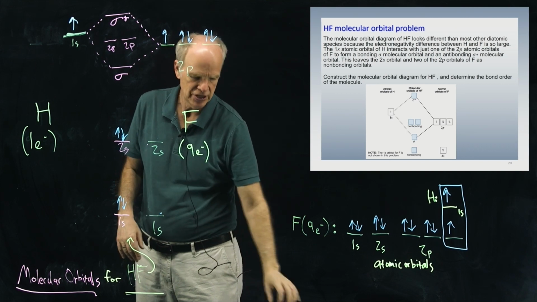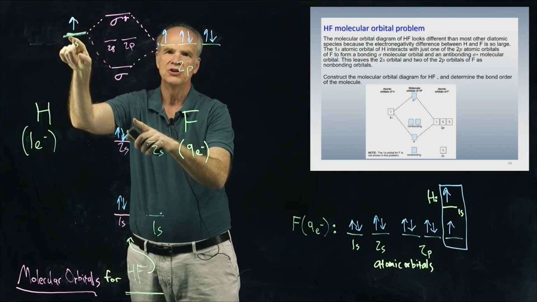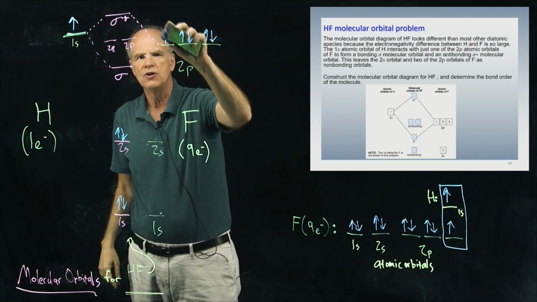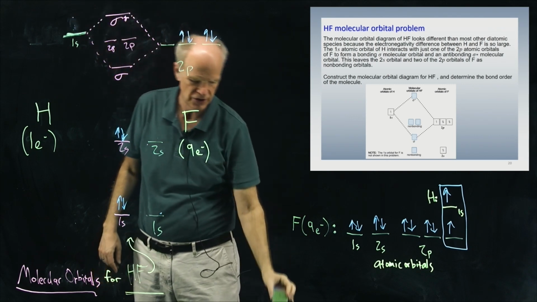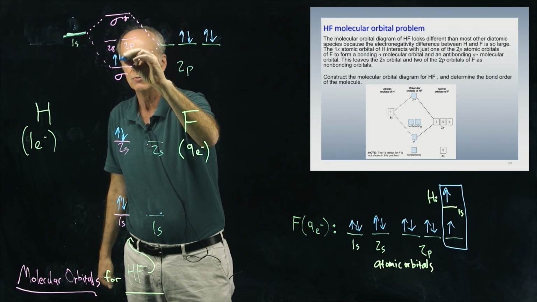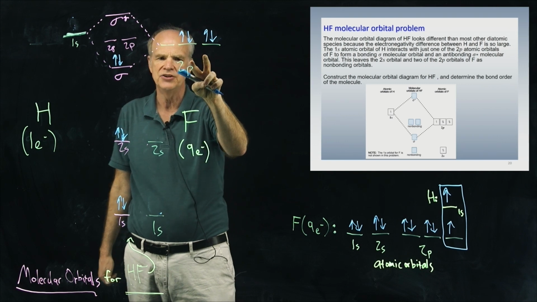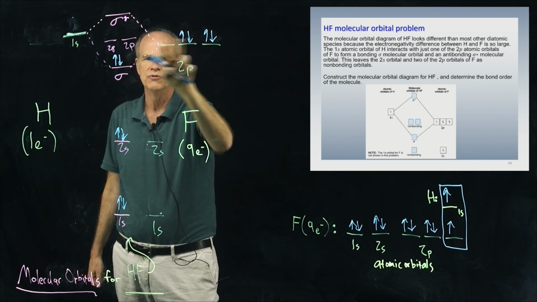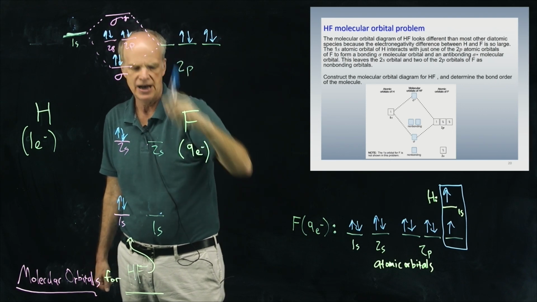From the bonding and antibonding molecular orbitals that form between hydrogen and 2p of fluorine, I'm going to pull off those electrons there, and they will go into the lowest energy molecular orbital that's available to them. So they should go into the sigma orbital. Then we have 2p atomic orbitals in fluorine that remain intact in the molecule. So they're there, and we're going to put electrons here, like that.